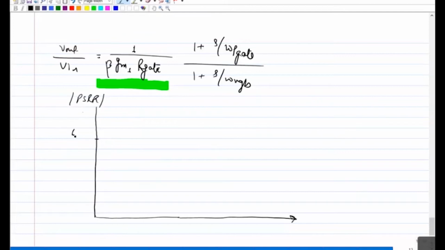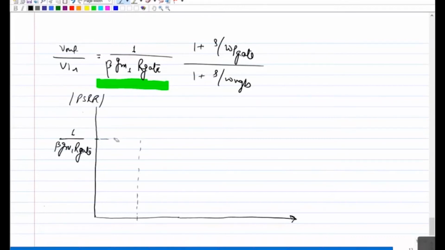One over beta GM1 R gate. And where will it go? Will it increase or decrease? No, initially it will be flat and then it will increase.